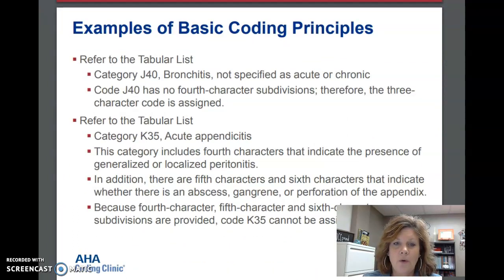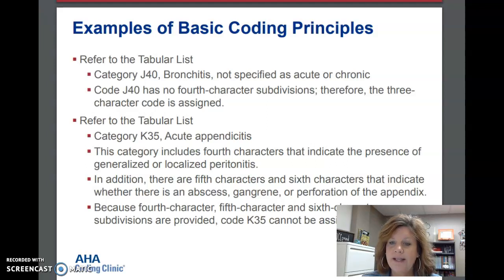Okay, here are just a few things on basic coding principles. If I look at the tabular list, J40 bronchitis is not specified as acute or chronic. So it has no 4th character subdivisions. Therefore, we just code J40. Acute appendicitis is K35. This category includes 4th characters.